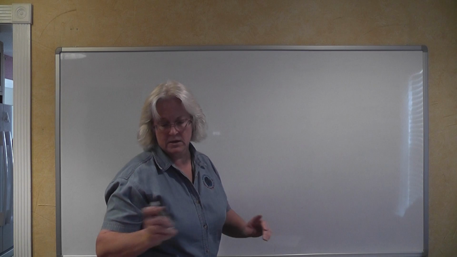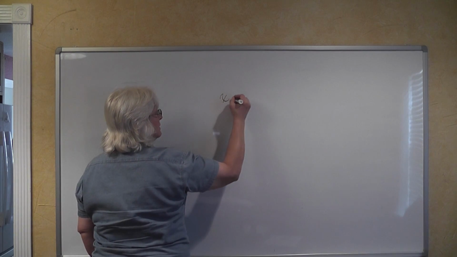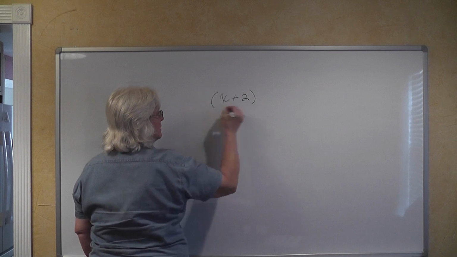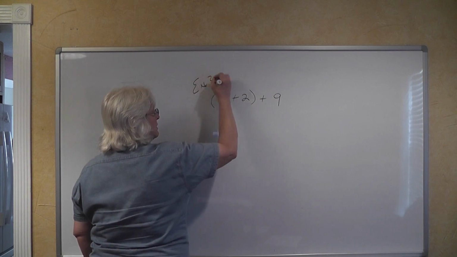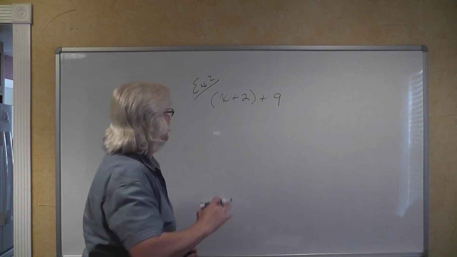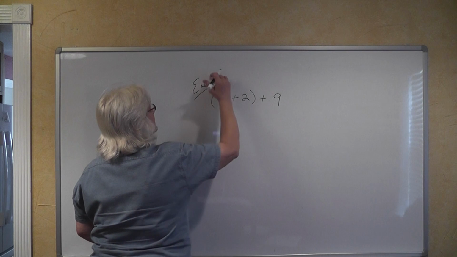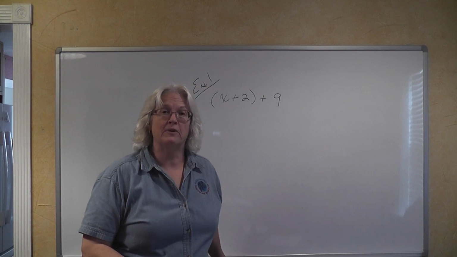Example 1 says the quantity x plus 2, plus 9. Example 1 actually, the other examples were not actual literal numbers in your book. We want to simplify this.